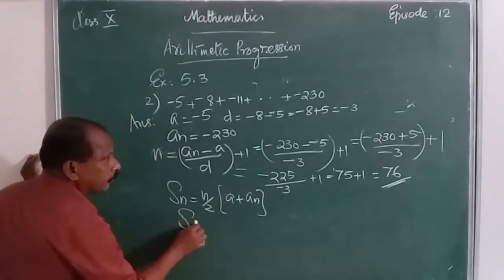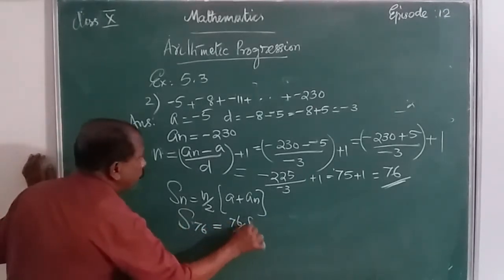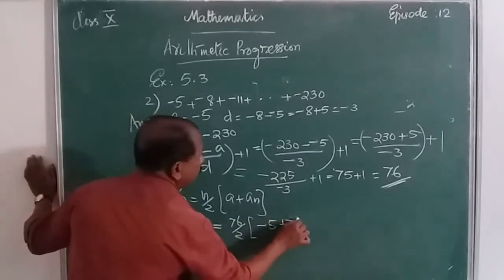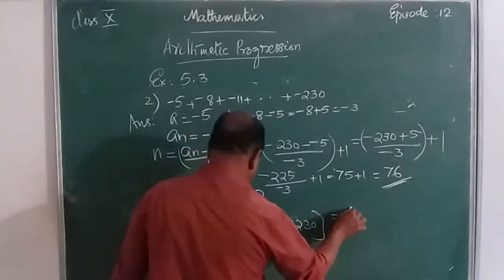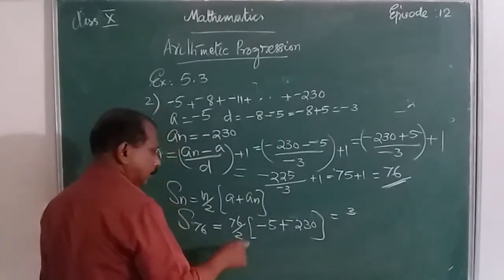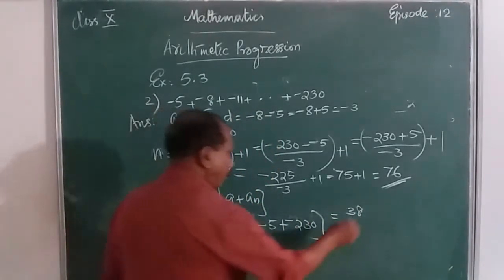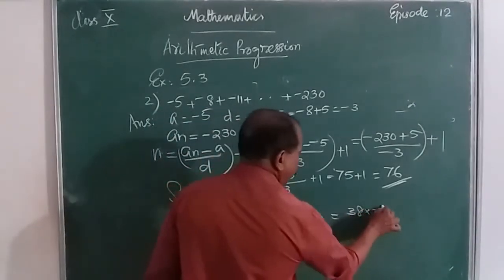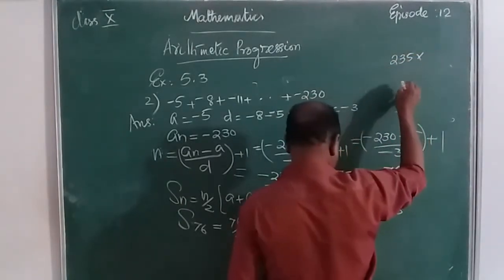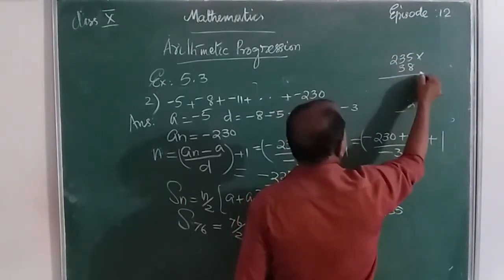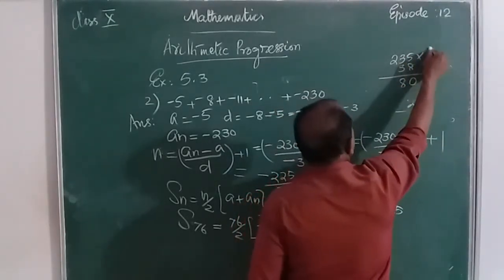That is S76 is equal to 76 by 2 into a plus an, that is minus 5 plus minus 230. 76 by 2 is 38. Into minus 235. Then 235 into 38.